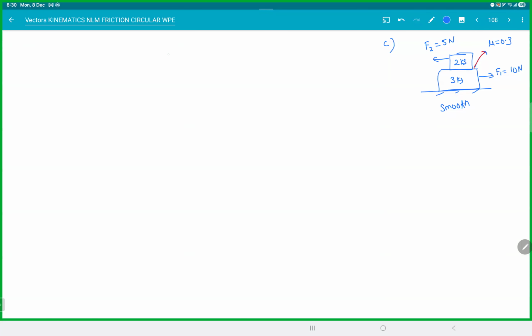Same story, assume both are going together, then we have 10 minus 5 is equal to 5a. a is equal to 1 meter per second square.